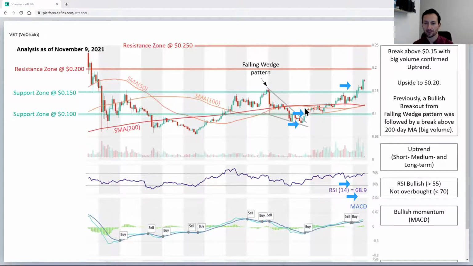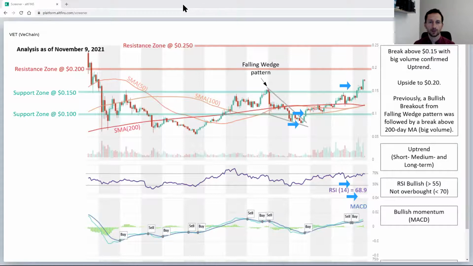So that's 5 cents difference, so my risk is 5 cents. Then I can say my reward should be 10 cents to keep that 1 to 2 risk to reward ratio. So I need to add 10 cents to 12, which would be 22. Well, we're getting to that 20 actually, right?